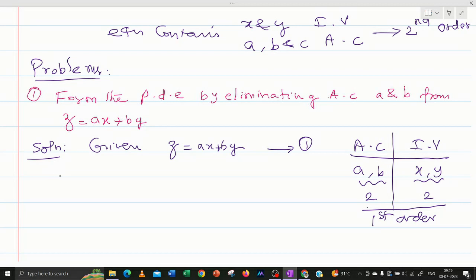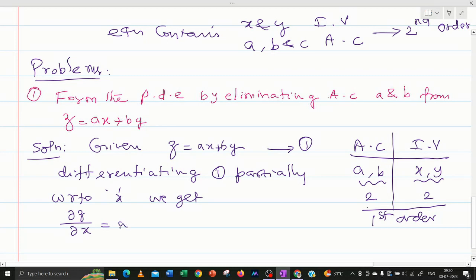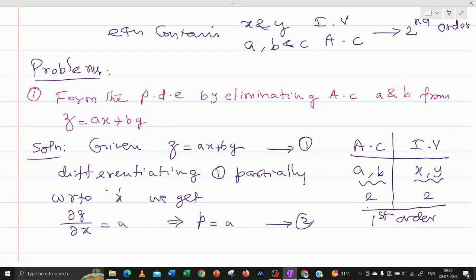Differentiating 1 partially with respect to x, we get dou z by dou x equal to a. That means dou z by dou x, we know the notation, p equal to a. This is equation number 2.